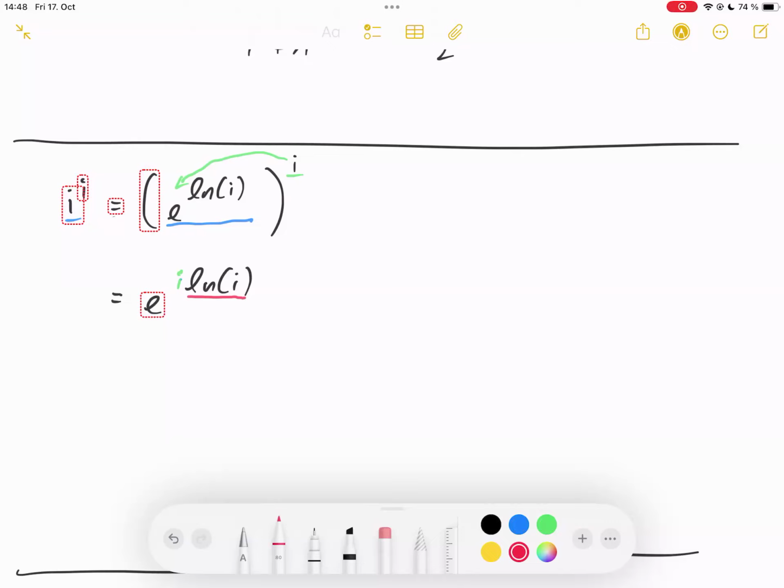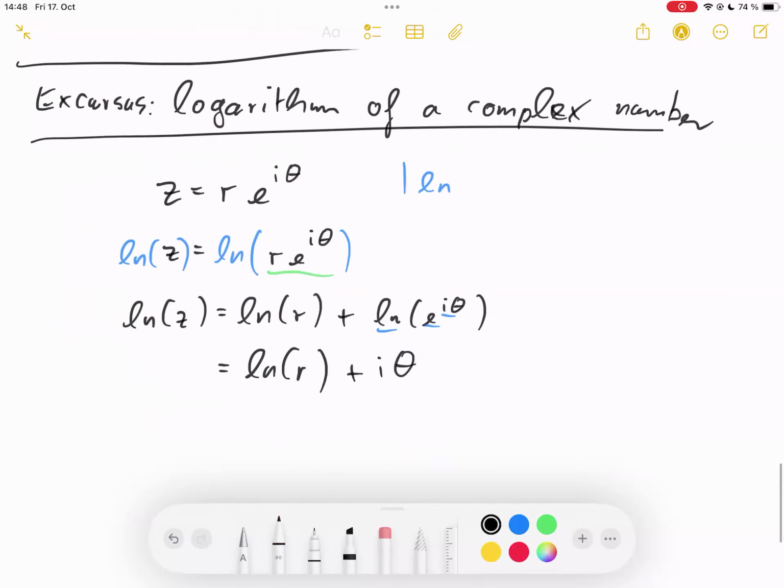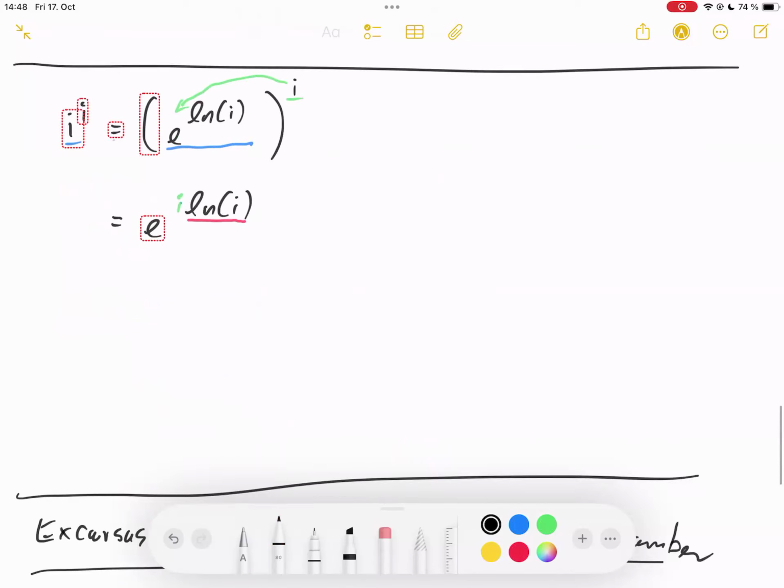We want to know what's the logarithm of i. Just down here, we've seen this excursus. We can try to think about this. Remember, I want a geometric representation. So this is the real part, and this is the imaginary part.